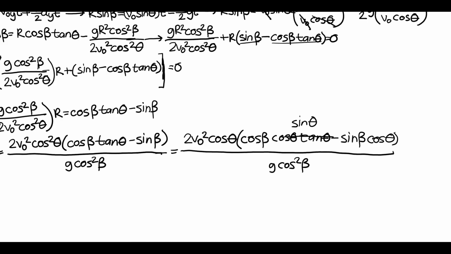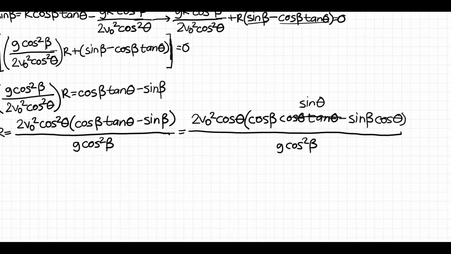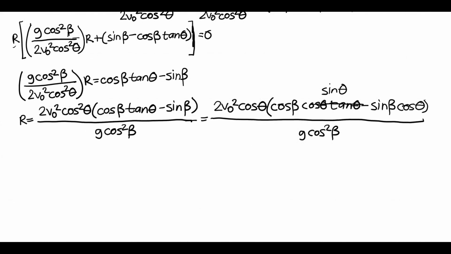And what we get is this expression, which is probably the most we can simplify it: 2v0 squared cosine theta times a quantity in parentheses that is exactly a trig identity. It's the sine of a difference of angles.